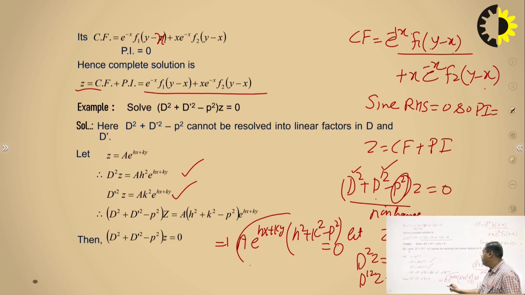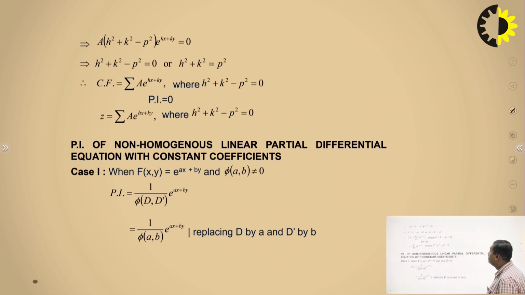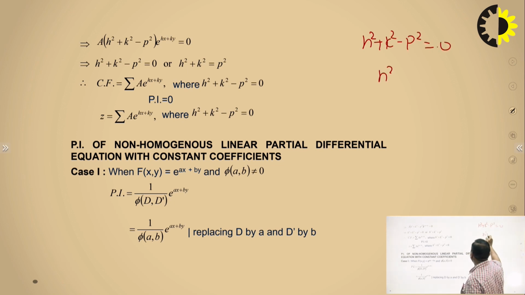Here this term is the trial solution, so it is not equal to 0. If it is not equal to 0, then we have the term h square plus k square minus p square is equal to 0. That means h square plus k square is equal to p square, and here PI is equal to 0.